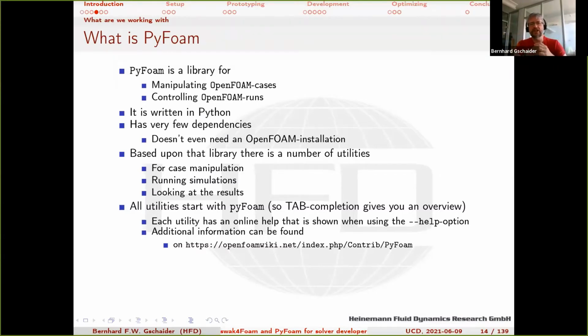All the utilities start with PyFoam, so if you have decent tab completion in your console, then you just type PyFoam, press tab, and you get a complete list of all the utilities that are there. There are, I think, approximately 30 utilities. And every utility has a help option that gives you information about the utility, what the options are, and usage examples.